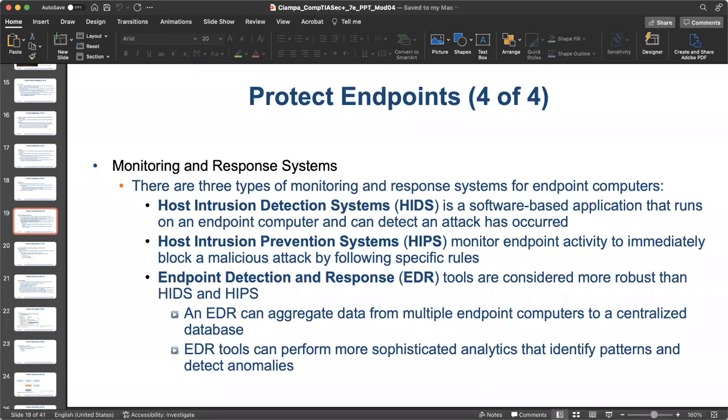They are following specific rules, like the firewall rules that you have. Activity that a HIPS watches for includes events that attempt to control or terminate other programs, events that try to install devices, device drivers, install applications, and similar to that.